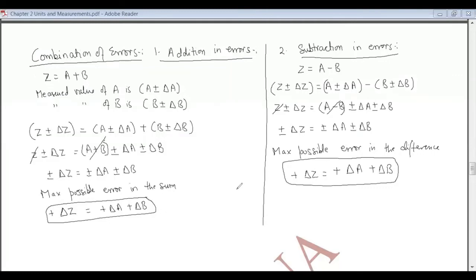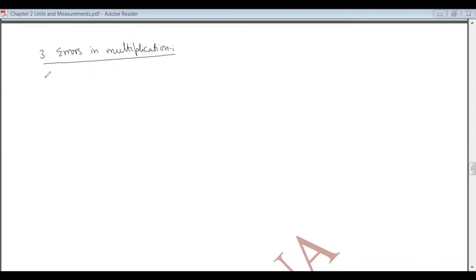So for addition or subtraction, the maximum possible error, that is the maximum absolute error, is equal to the sum of the absolute errors in the individual measurements. Okay, now let's study the errors in multiplication.